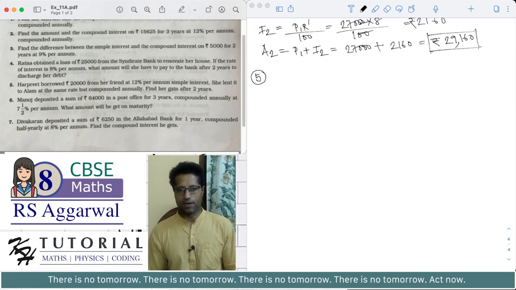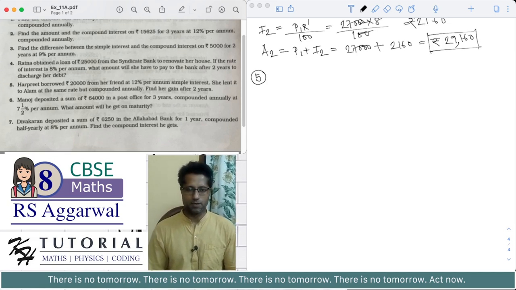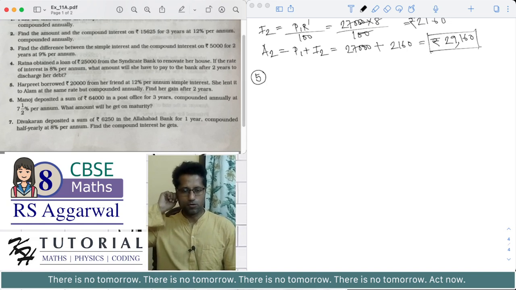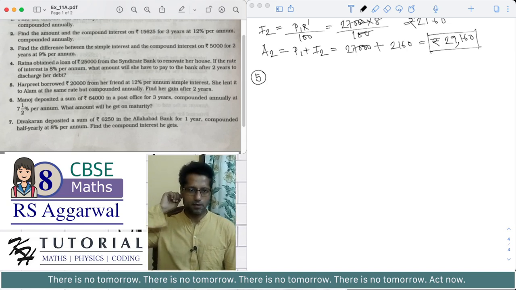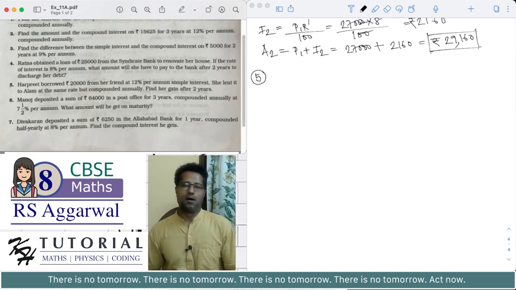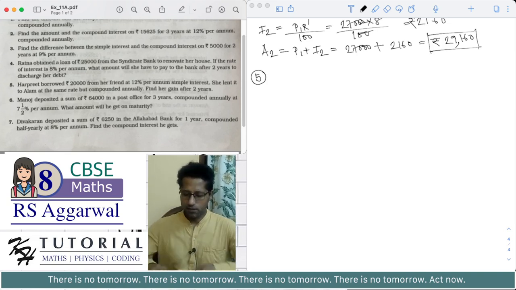So the gain of Harpreet will be B minus A, because B will obviously be greater than A. That is, the money Harpreet will receive from Alam will be greater than the money Harpreet needs to pay back to her friend from whom she borrowed the money. So basically, we have to find the amount for the simple interest and the amount for the compound interest and take the difference.